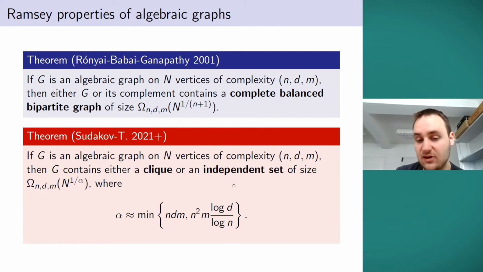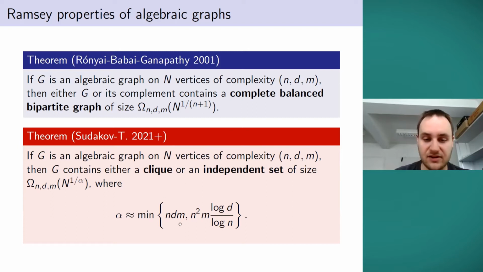And also, the second part shows that it cannot depend too much on the degree of the graphs. So it can depend at most as a logarithmic function on the degree. So it shows roughly that if you want to cook up good Ramsey graphs, then it's maybe better to choose n to be large than to just increase the degree.